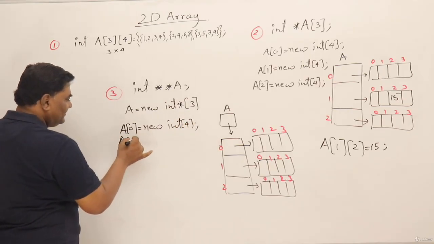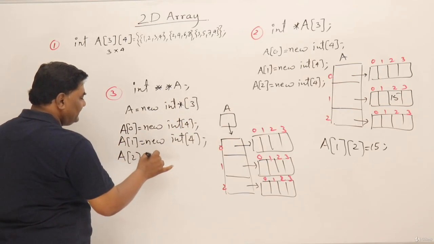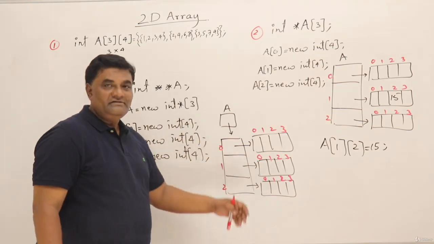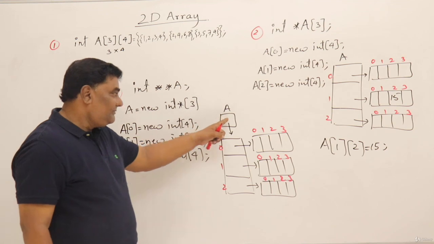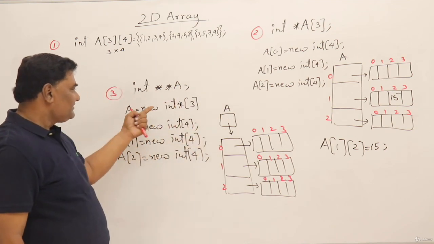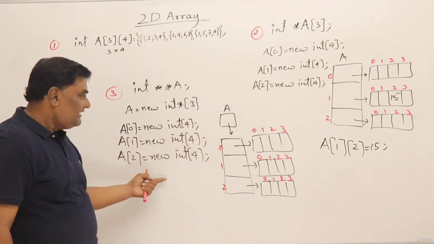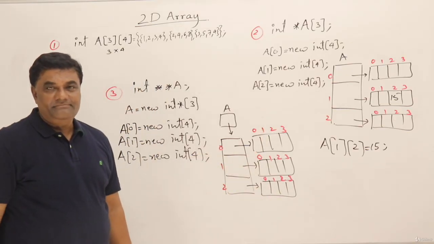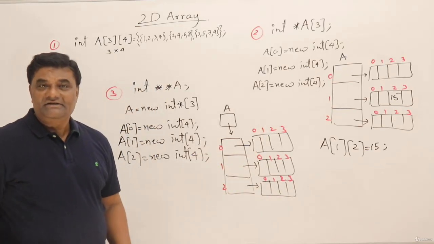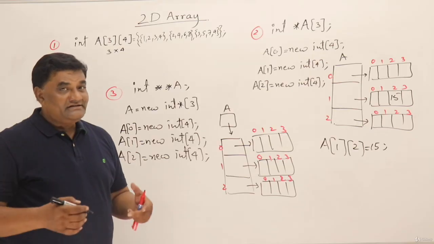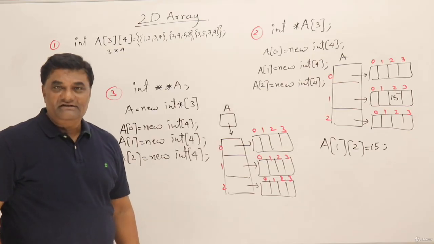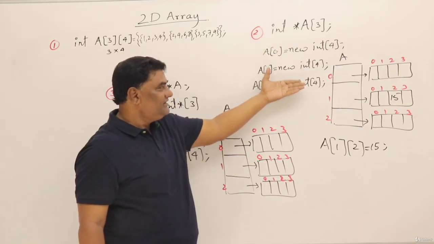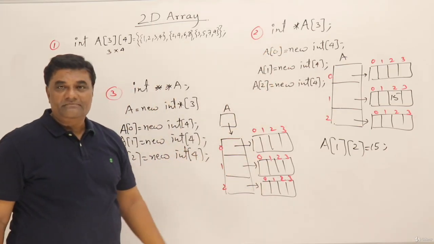Then a of 1, a of 2 assign new. So that's all. The entire structure is in heap now. Only this double pointer is inside stack, because this is new, this is new, this is new. This is created with new and all three are created with new. Everything is in heap. So that's all. These are the three methods of creating a two-dimensional array: completely inside the stack, partial in the stack and partial in heap, and everything in heap.